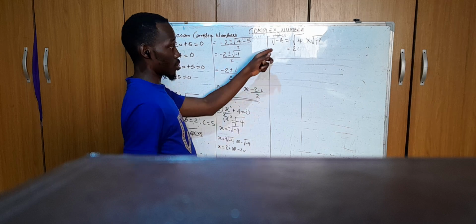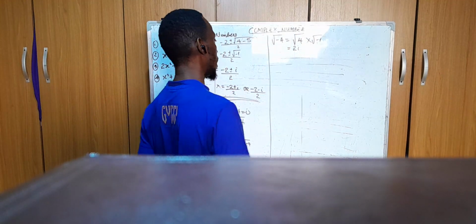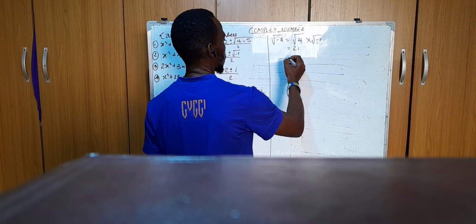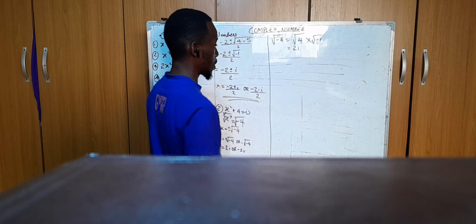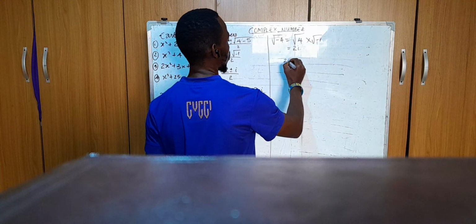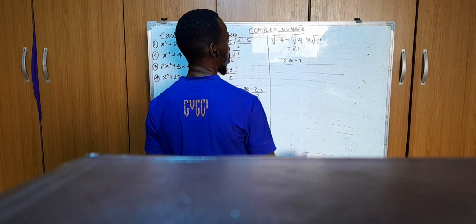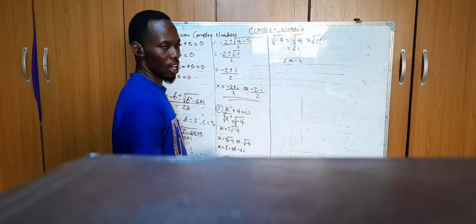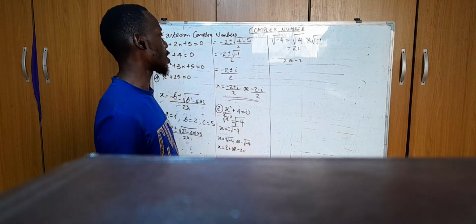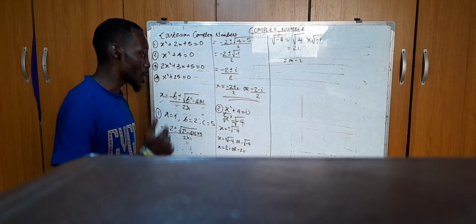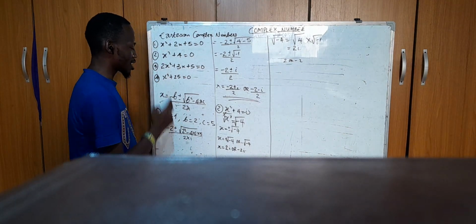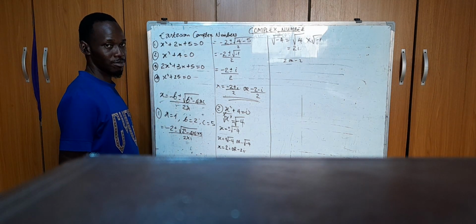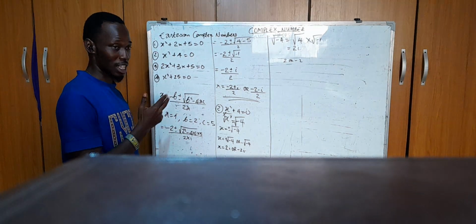So the square root of minus 4 is either 2i or minus 2i, since the square root of 4 is either 2 or minus 2. Understand? From the introduction, actually, I explained this better. So, alright, we have 2 more questions. You can pause the video and then try it. I believe you've done that already.